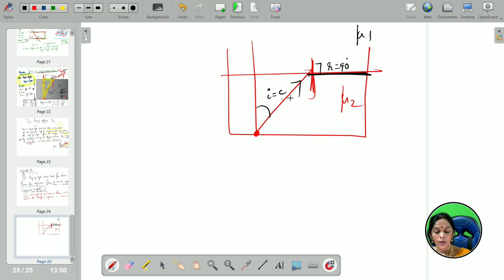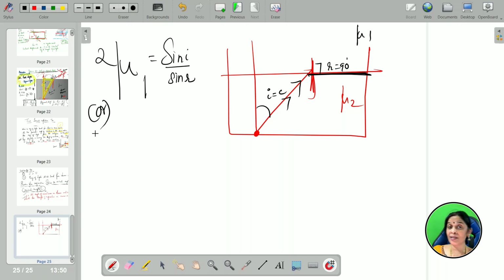Mu2, this is mu1. The ray of light is traveling from mu2 to mu1. So mu2 to 1 is equal to sine i divided by sine r. What is mu2 to 1?